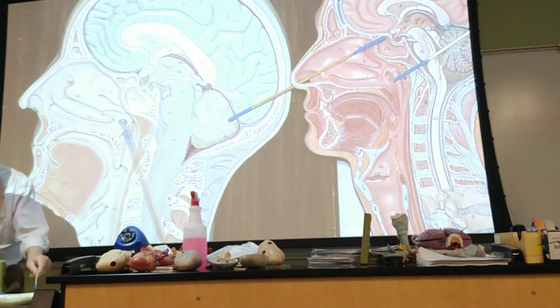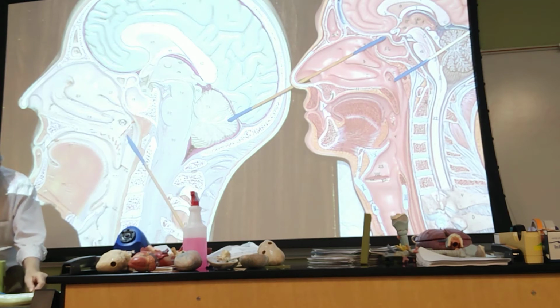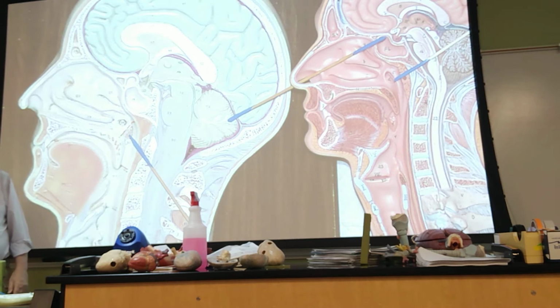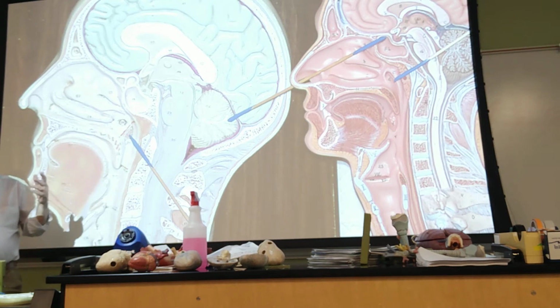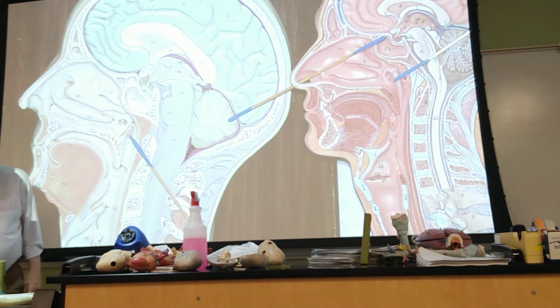Not that crater, but this space right here. We got anterior nares and posterior nares. Just like your front and back door. Alright. Those are pretty good.